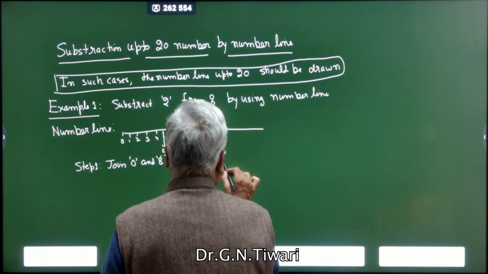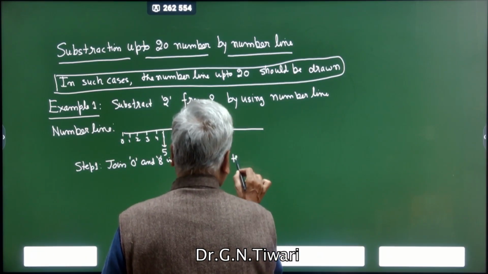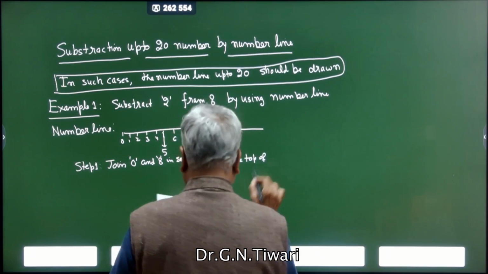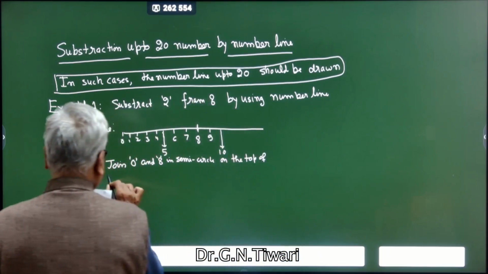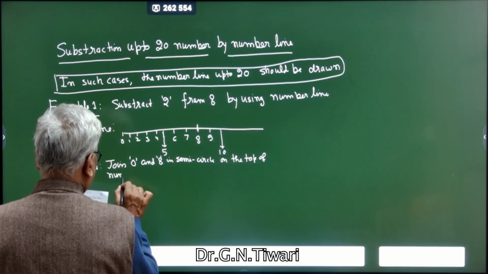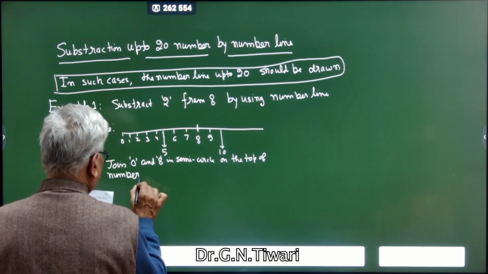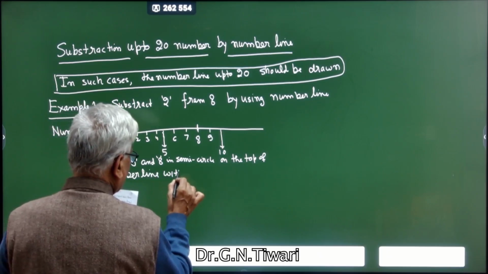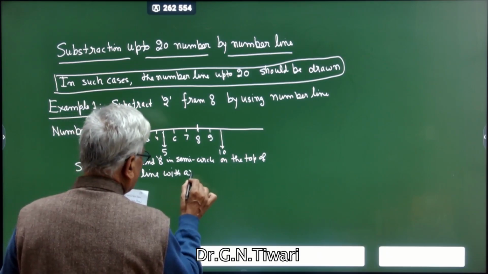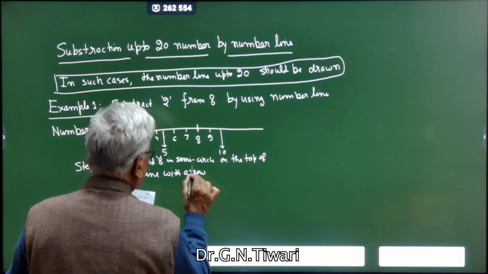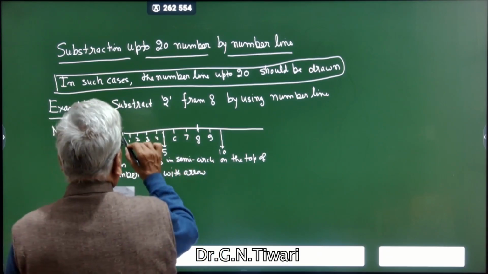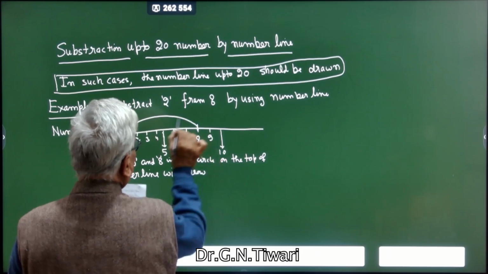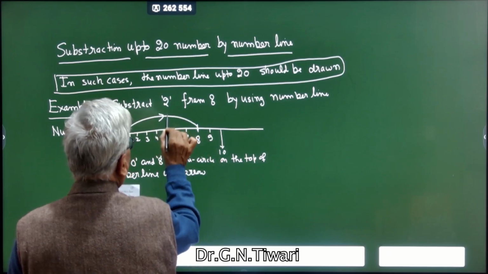Be careful, on the top of the number line, with arrow. Obviously, the arrow will be in the forward direction. It will be very easy to draw like this, because the number is there. You draw this and put 8.